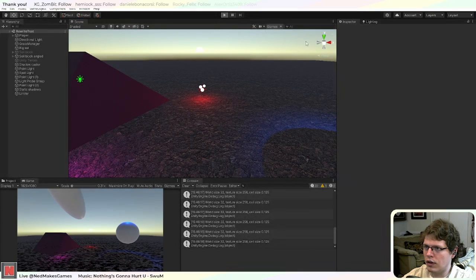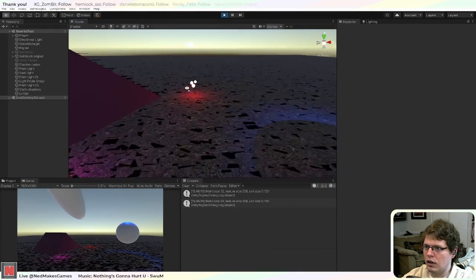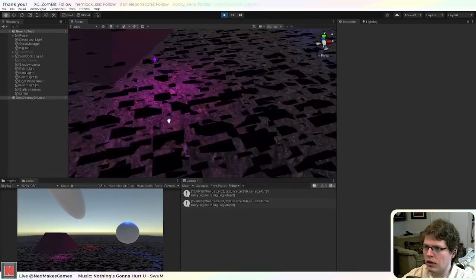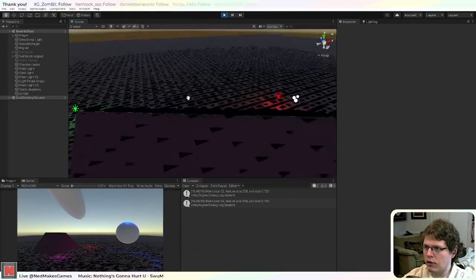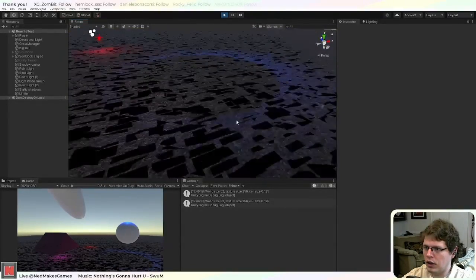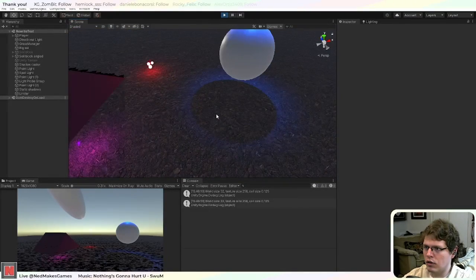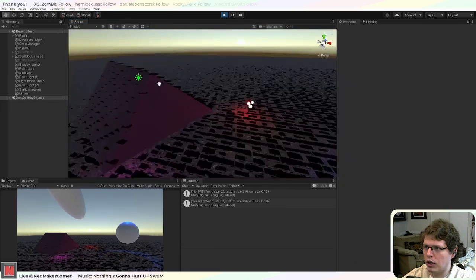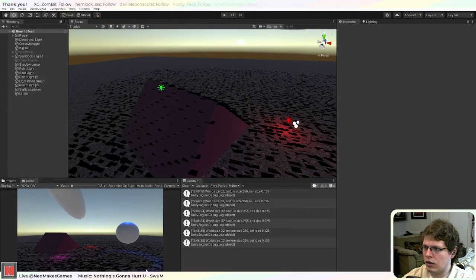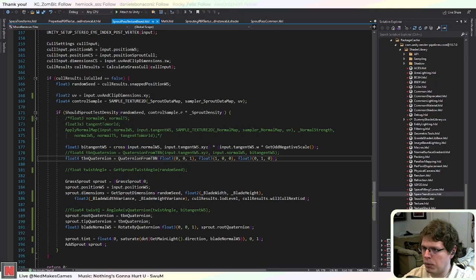Okay, yeah, so the x-axis is pointing to the right. So it's kind of weird because of Z fighting, but you can see black grass cards. Okay, so at least they point the right way. So I don't think the matrix math is wrong. There's something about what I was doing here that is wrong.